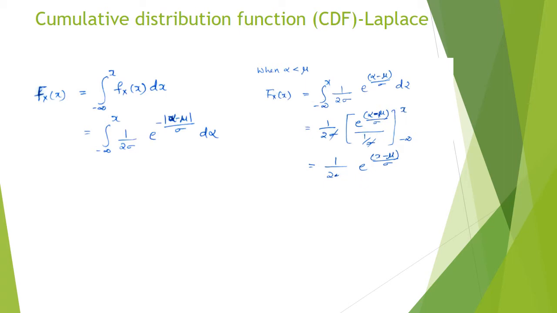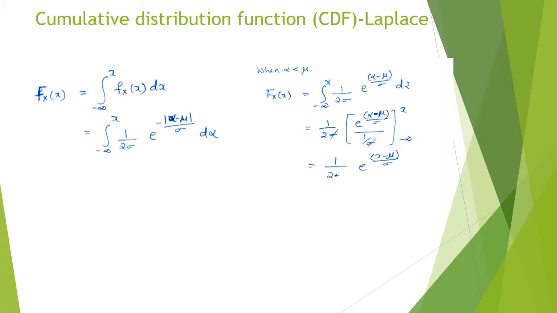When alpha is less than mu, it will be the integral from minus infinity to x of 1 by 2 sigma e raised to alpha minus mu by sigma d alpha. Integrating and substituting, it will be 1 by 2, because the integral of e raised to alpha minus mu by sigma will be e raised to alpha minus mu by sigma divided by 1 by sigma.